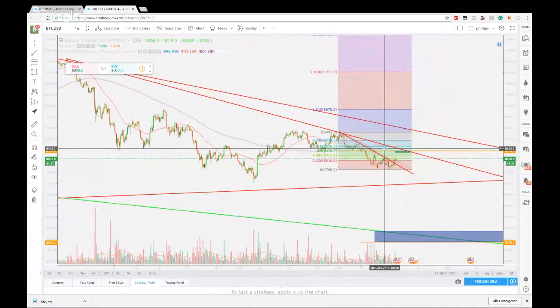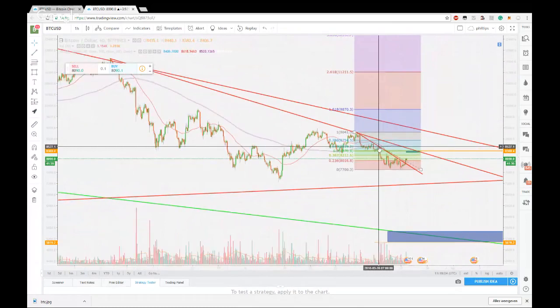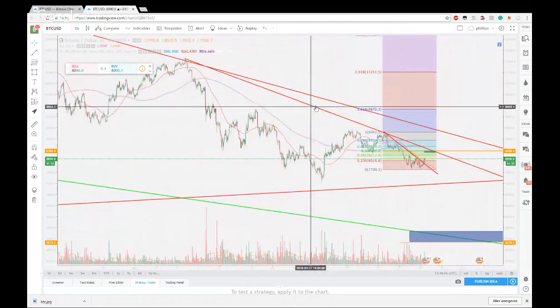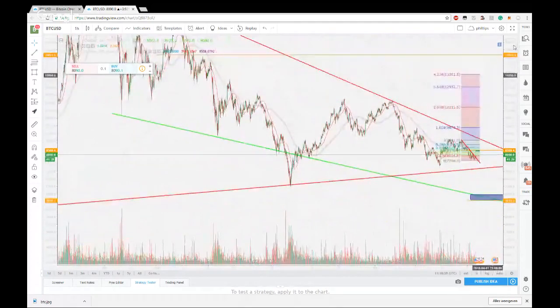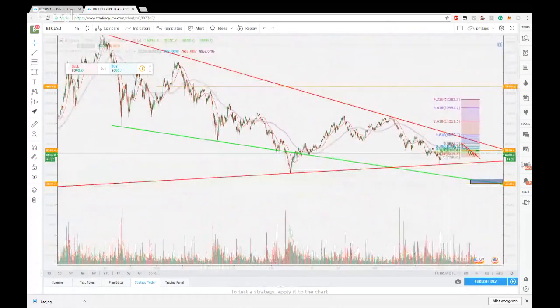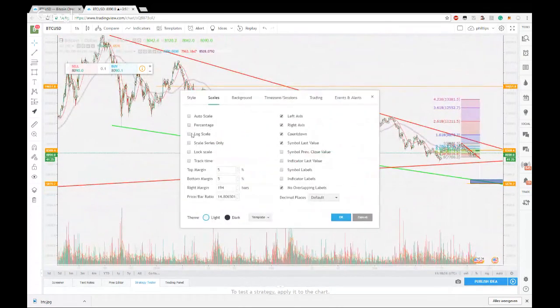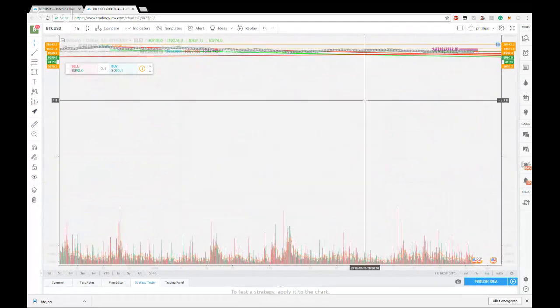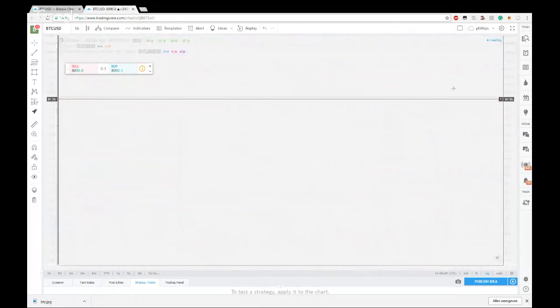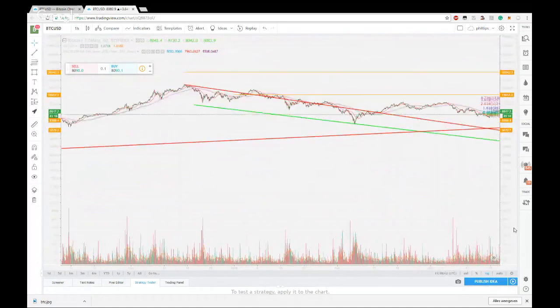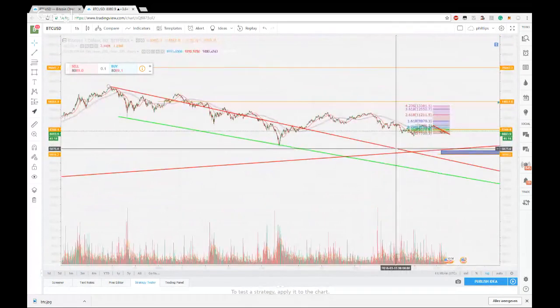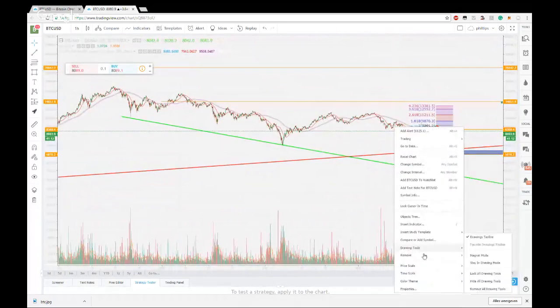I think we might actually break this downtrend as well in order to make an attempt for the logarithmic resistance that we've got going on right here. So I'm just going to take my chart, activate the log scale, and I will show you exactly what I mean when I say we are in a big wedge right now.